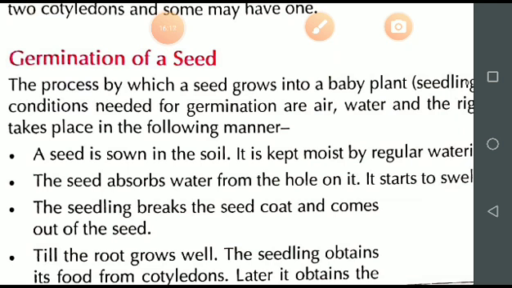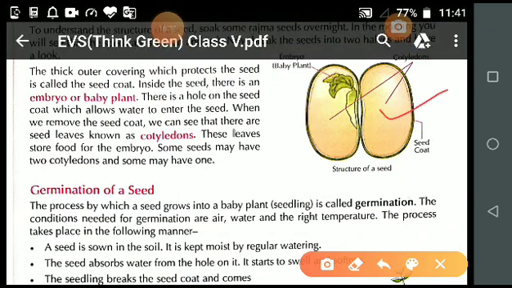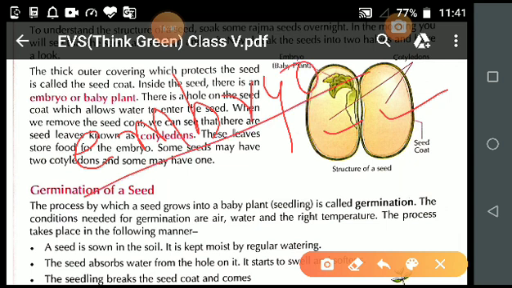Why? I explained to you in the structure of a seed. These are cotyledons. These are the food for the embryo. Is it clear? The baby plant takes its food for growth from these cotyledons.